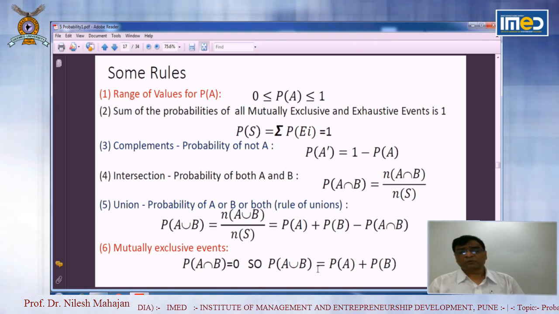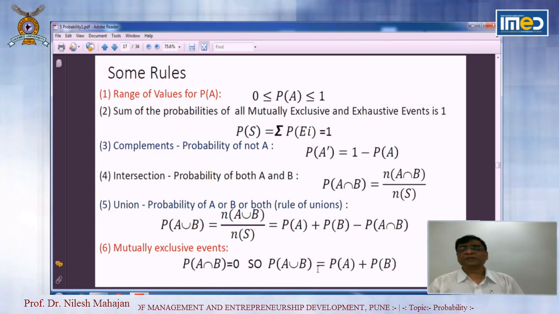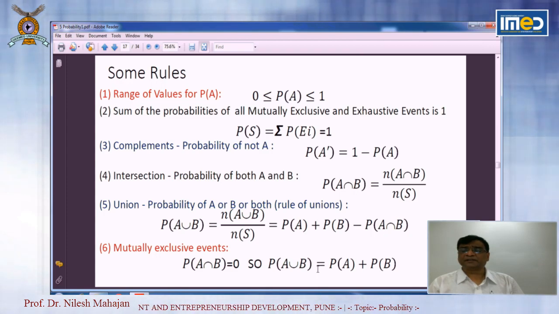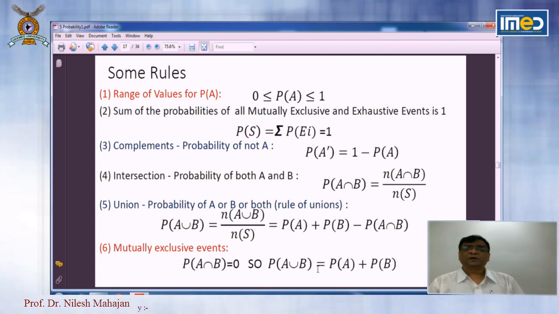The fourth rule is intersection, the probability of both A and B. So P(A intersection B) equals n(A intersection B) upon n(S). Here S is the sample space, right? The next property is union, the probability of A or B or both.